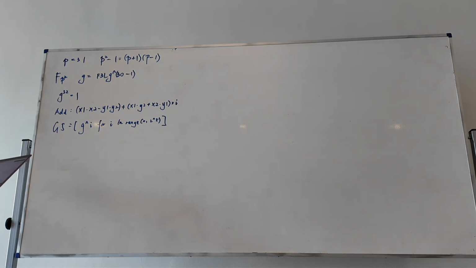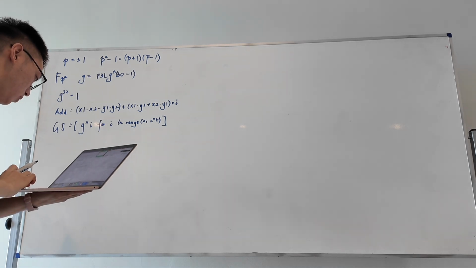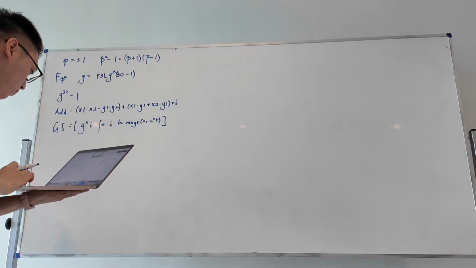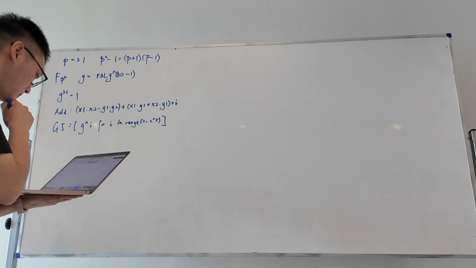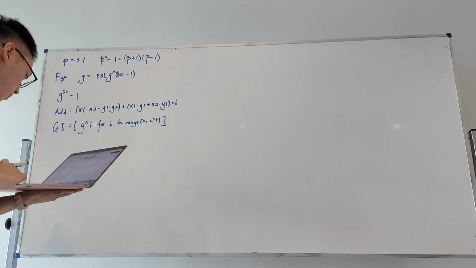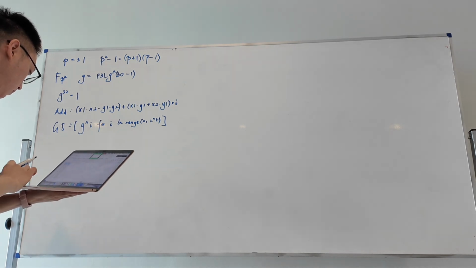Let's see the FFT function. At first we randomly choose f, using the random int function, and you can see the f here.